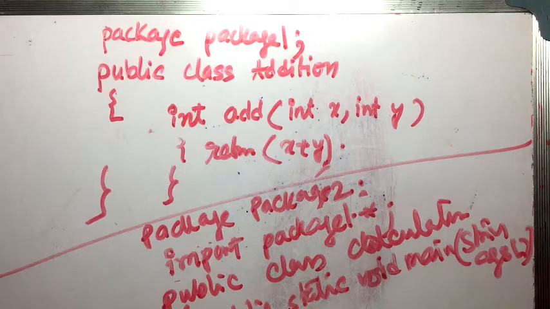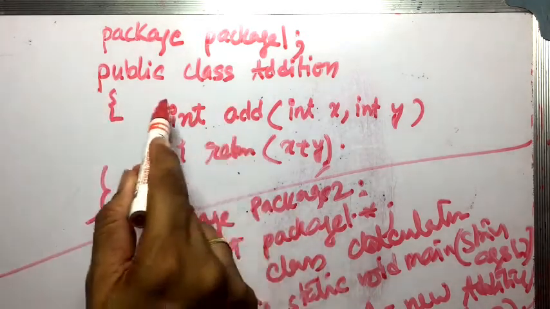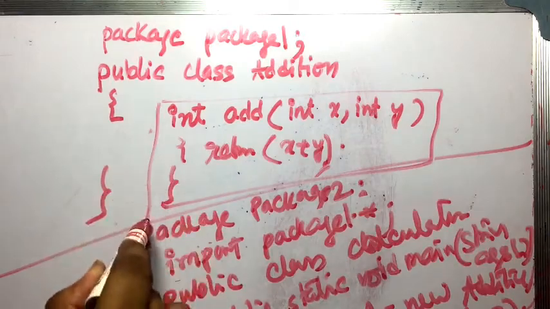Addition a equals new Addition, and int r equals a.add(5, 3), System.out.println(r). This program will show an error because this method is default.